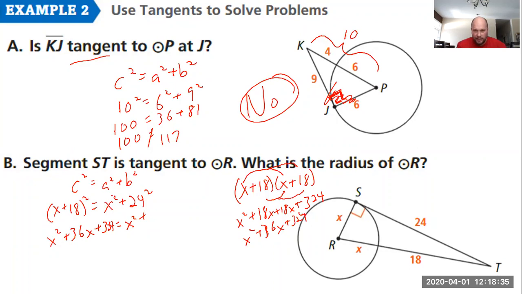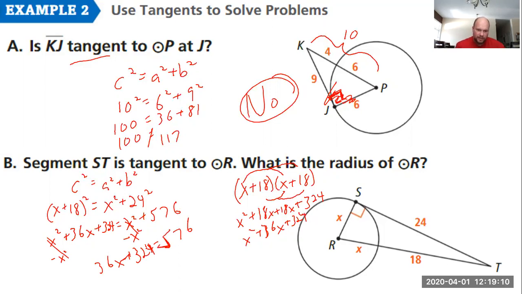I think I might have lagged out there for a second. So that's 576. Now we have the x squared on both sides, and they can cancel each other out. If we subtract off the x squared, they cancel on both sides. So now we have 36x plus 324 equals 576.